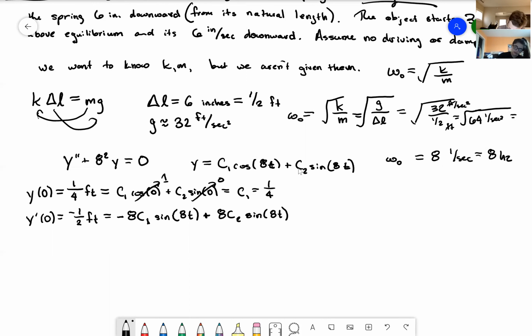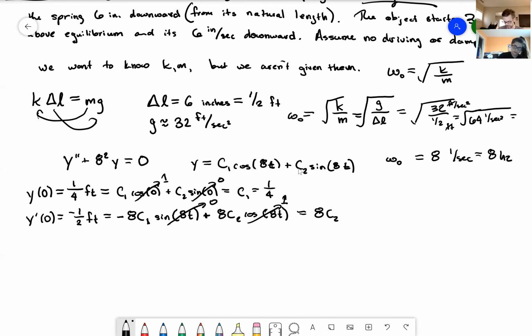At 0, this one goes to 0, which I could have written like I did before, but oh well. What did I do? I wrote sine instead of cosine. My bad. This one goes to 1 because it's now cosine of 0. And what we're left with is 8 C2.